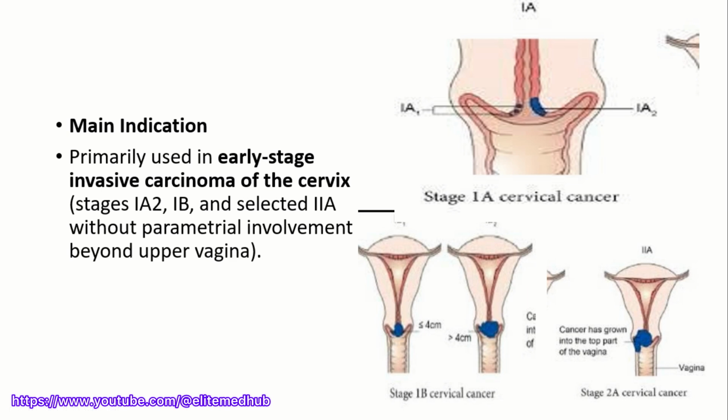So, what is the main indication for V times hysterectomy? It is primarily used in early stage invasive carcinoma of the cervix, involving stage 1A2, stage 1B, and selected stage 2A without parametrial involvement beyond upper vagina.